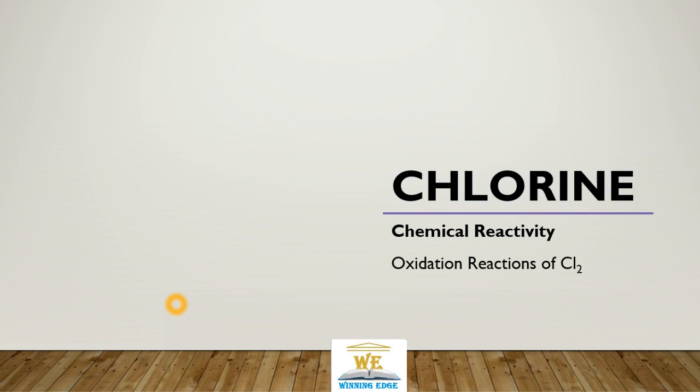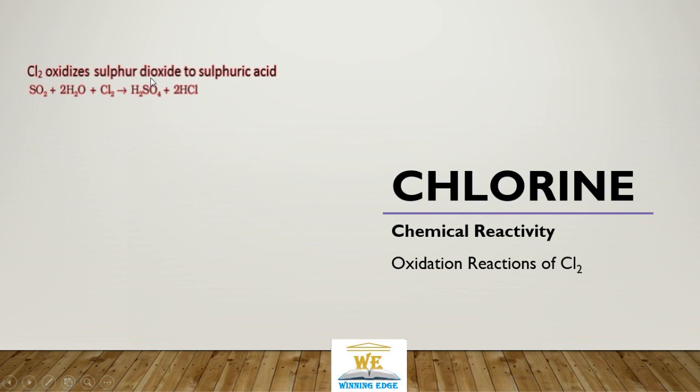Now oxidation reactions of chlorine. Chlorine oxidizes sulfur dioxide to sulfuric acid in aqueous solutions, and sulfide to sulfate. It is a strong oxidizing agent, reducing itself.